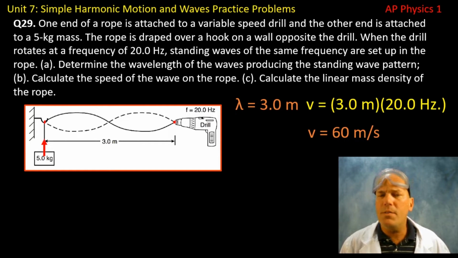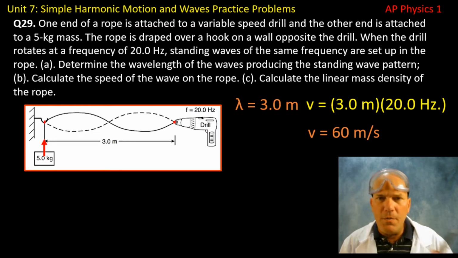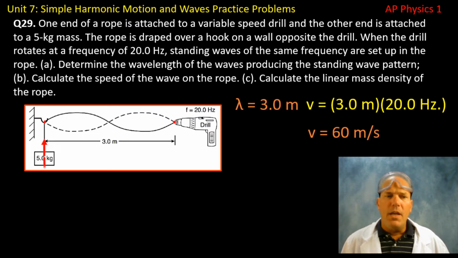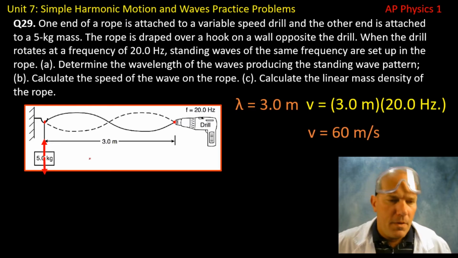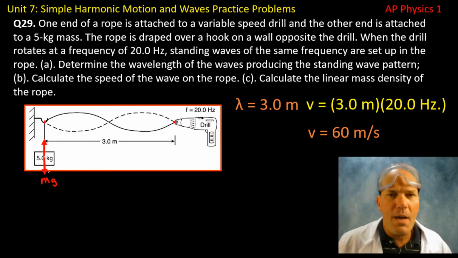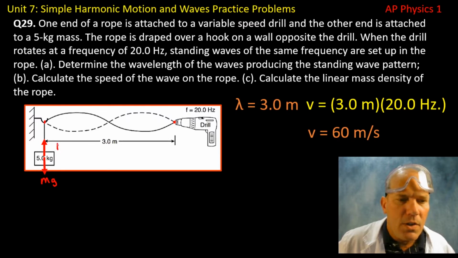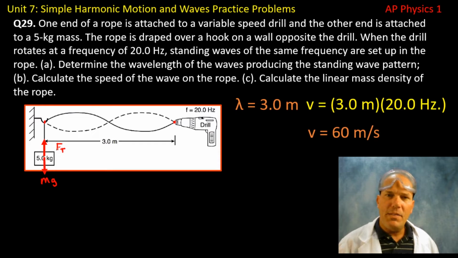In the next part of this problem, let's look at the hanging 5 kilogram mass and do a free body diagram here. And we can see that the force of gravity here is equal in magnitude, opposite in direction to the tension force. So this hanging mass is the force of tension because they are equal and opposite.